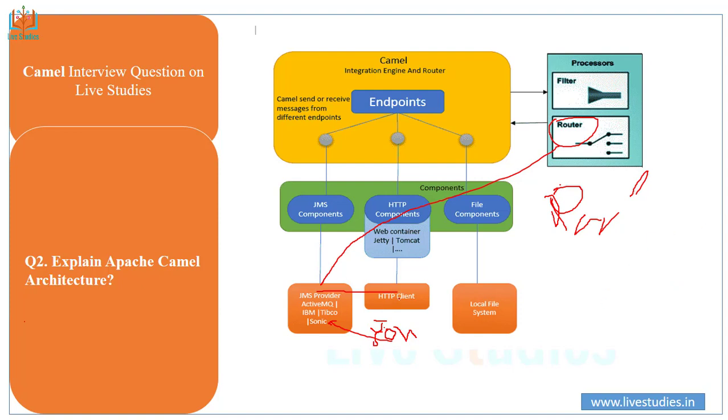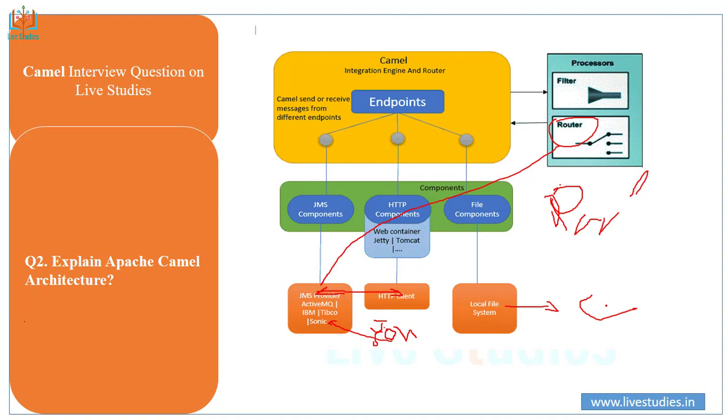Okay, and also HTTP. Actually, I have already discussed this a few minutes before. It means HTTP connects to JMS. Okay, and FTP, file transfer protocol. Generally, FTP is used on a server.